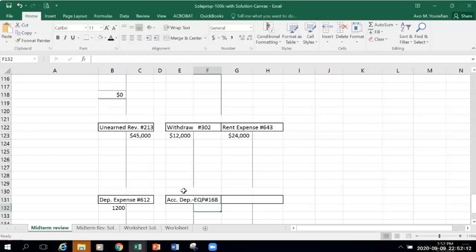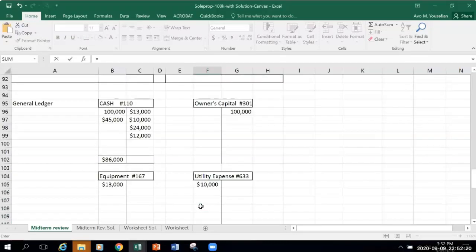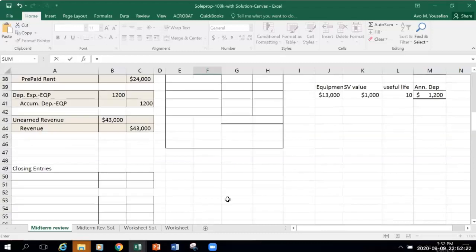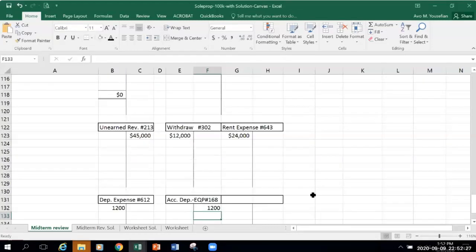It's a contra account to equipment. Okay, so whatever happens to this, it's just like happening to equipment. So equals to accumulated depreciation. Enter, and then one more.